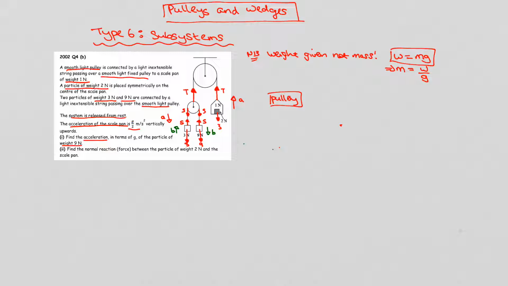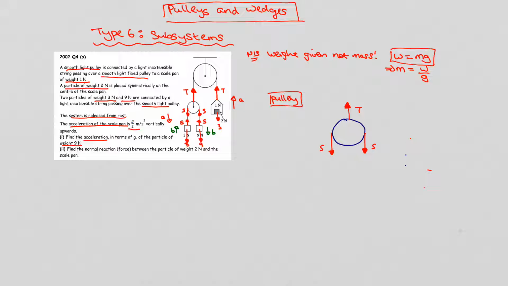I'm going to start with the pulley. With the pulley, we have the tension acting up, and we have tension acting away. One thing we were told in the question was this was a smooth pulley and a light pulley.